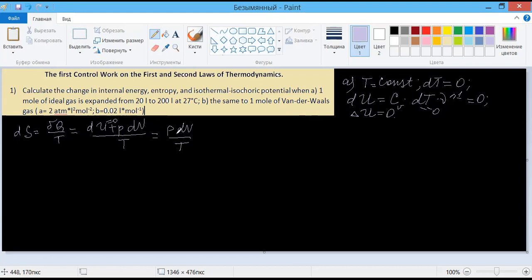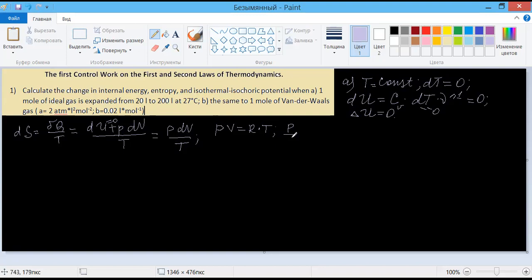Also, we've got V under the symbol of differential, and that makes the operation not very convenient to deal with. In order to make it more or less attractive in integration terms, let's remember that we deal with an ideal gas, and its equation of state is P times V equals R times T, right?